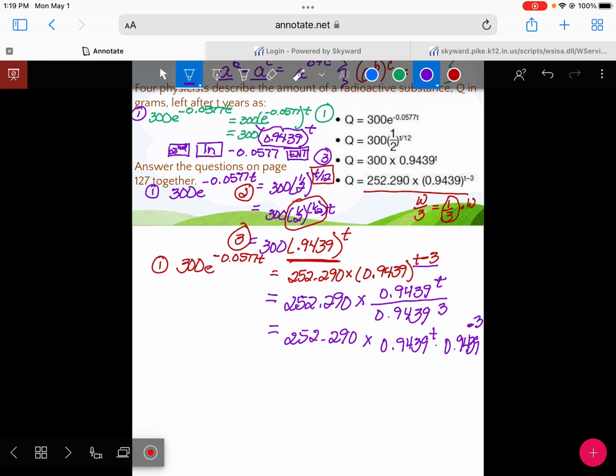Are you sure? 0.9439 to the negative 3 power. What are we getting? Yes, 0.9439 to the negative 3 power. 1.1891.